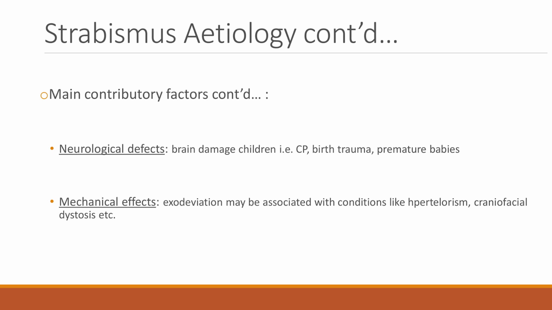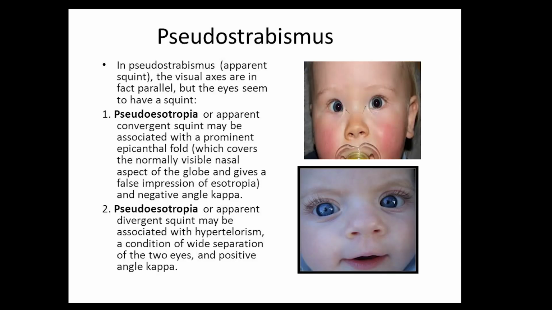With hypertelorism and craniofacial dysostosis, I would like to make a few comments regarding pseudostrabismus. Pseudostrabismus is where the visual axis is aligned but it appears as a squint, like with a broad nasal bridge and narrow interpupillary distance, which may give a false appearance of strabismus.